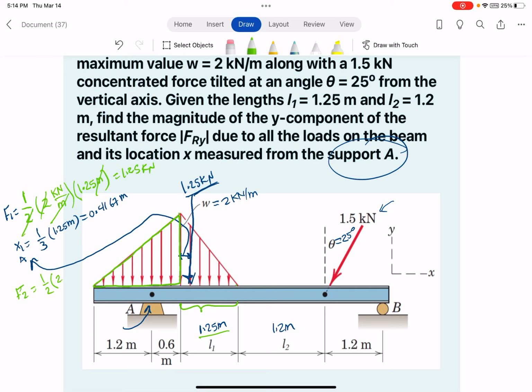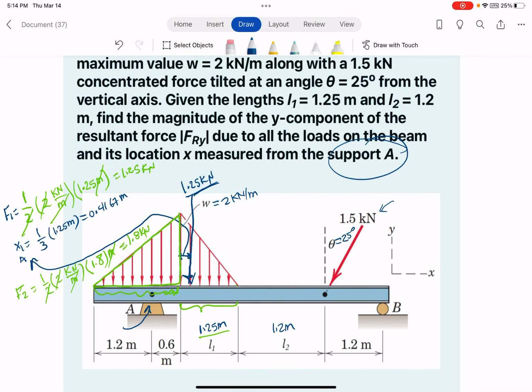The load is 2, same thing, 2 kilonewton per meter, and the distance here is from here to here, which is 0.6 and 1.2. So it's 1.8 meter. So meter cancels with meter, and you'll end up with 1.8 kilonewton.